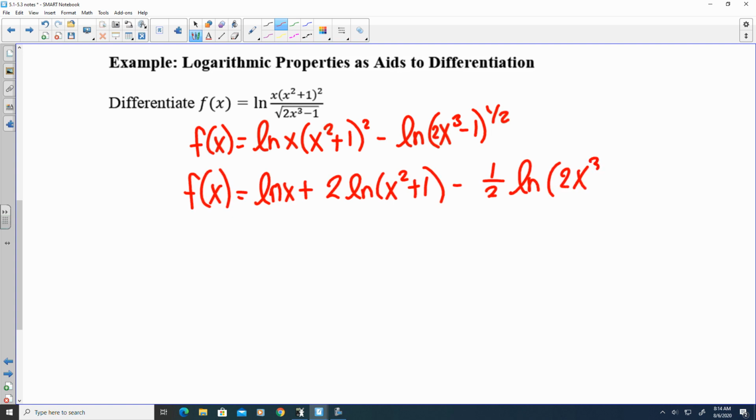Now I don't have a super complicated one logarithmic derivative to find. I have 3 simple logarithmic derivatives to find, which is my preference for sure. Derivative of natural log x is the simple one, 1 over x. Derivative of natural log of x squared plus 1, we do the derivative of the inside over the inside.